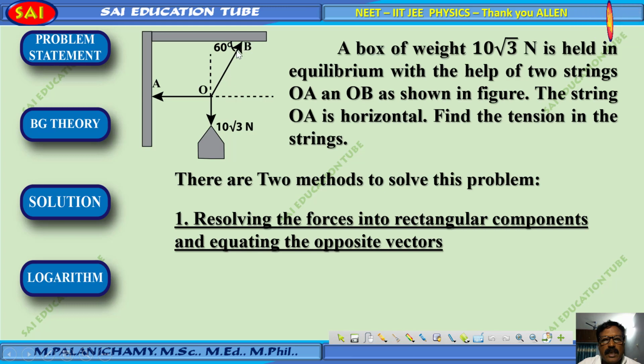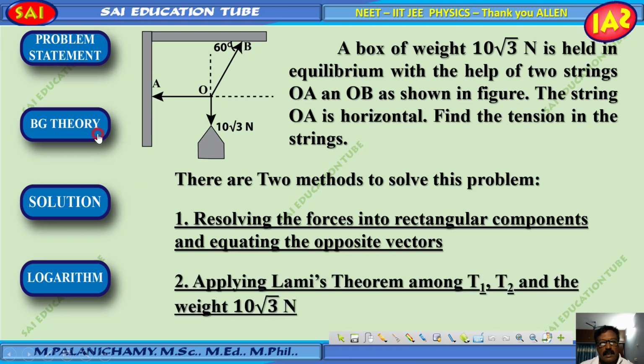If this is 60 degrees and this will be 60 degrees, and this is T1 and this is T2, then T2 can be resolved into two components, and T1 is only one component. These components can be equated. And the other method is applying Lami's theorem among T1, T2 and the weight. We can apply Lami's theorem also.